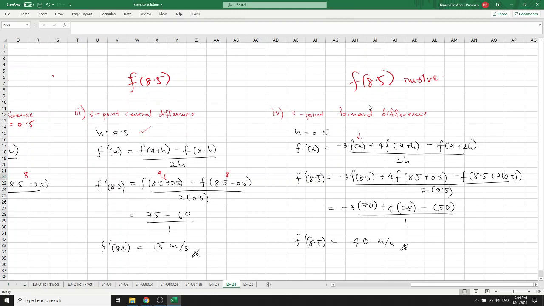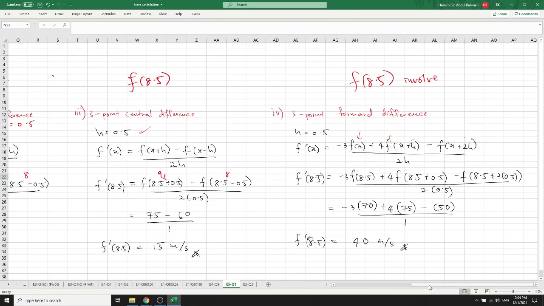We rewrite the equation: negative 3 multiplied with fx, plus 4 f(x plus h), minus f(x plus 2h), divided by 2h. Because they use forward, this is plus h, and this is plus 2h.